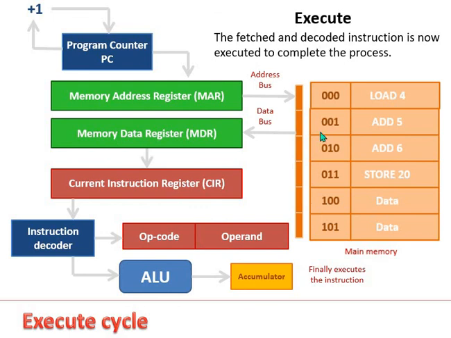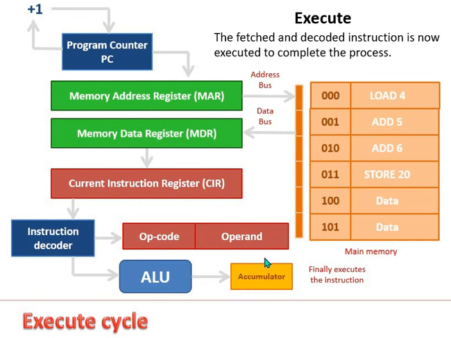Okay, now in the execute stage, here the load 4 instruction is executed. The instruction decoder will send this value 4 to the ALU and then to the accumulator.